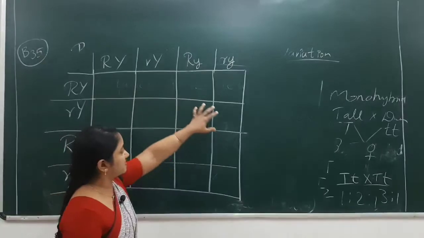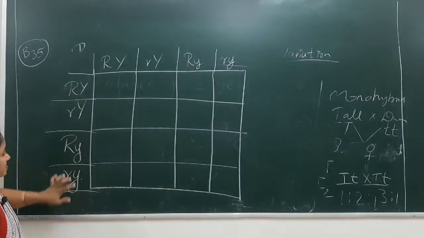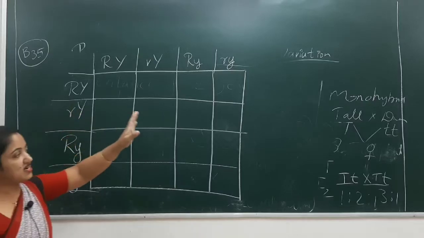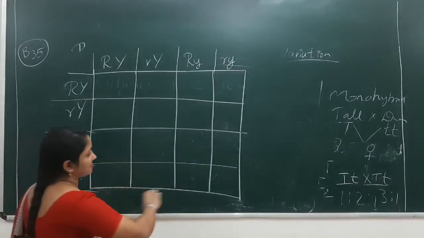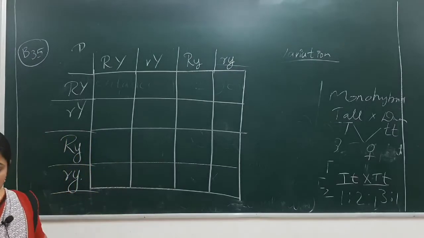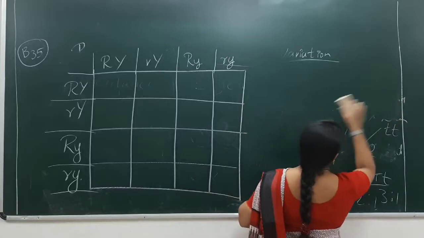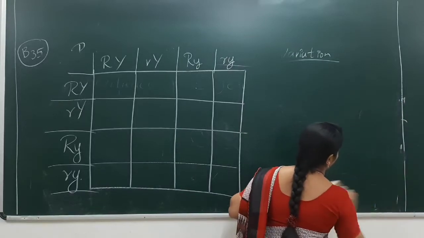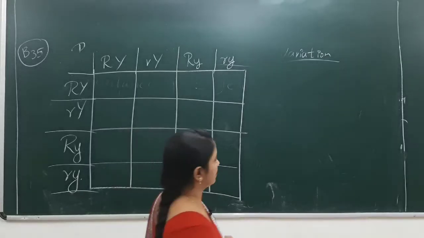Here we are expecting 16 offsprings, because the number of gametes is more. When we start crossing one gamete with another gamete, we will get the offspring. On the basis of those offsprings, we will put the ratio of phenotype and genotype.